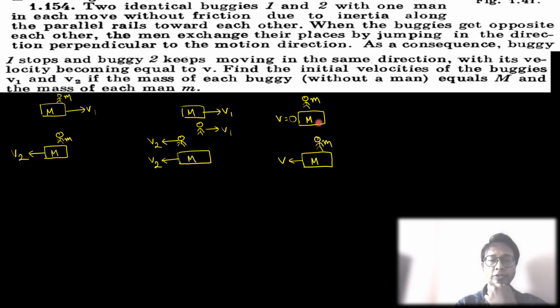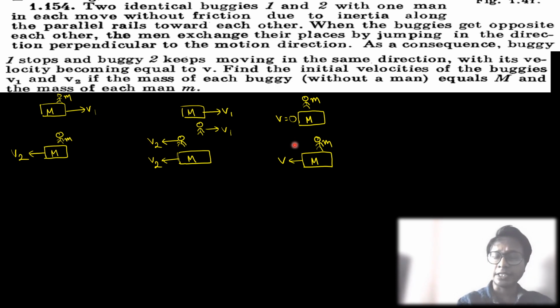Okay, let's focus on this question. Now we must conserve our momentum between these two parameters. What are the systems that we must take? This person jumped on this body, so can I say there are no external forces acting in this direction?